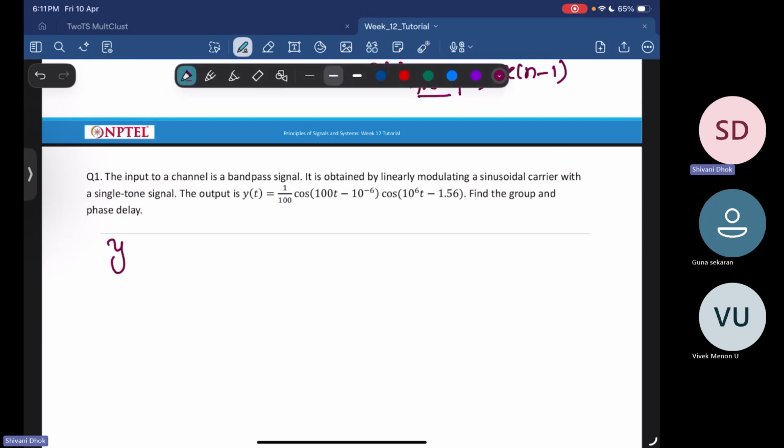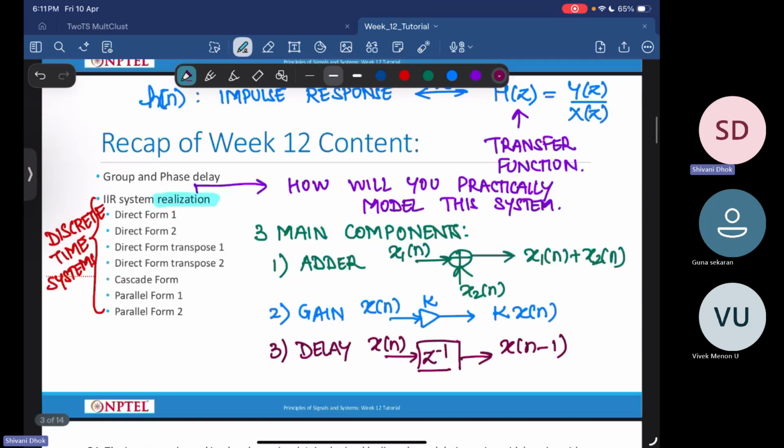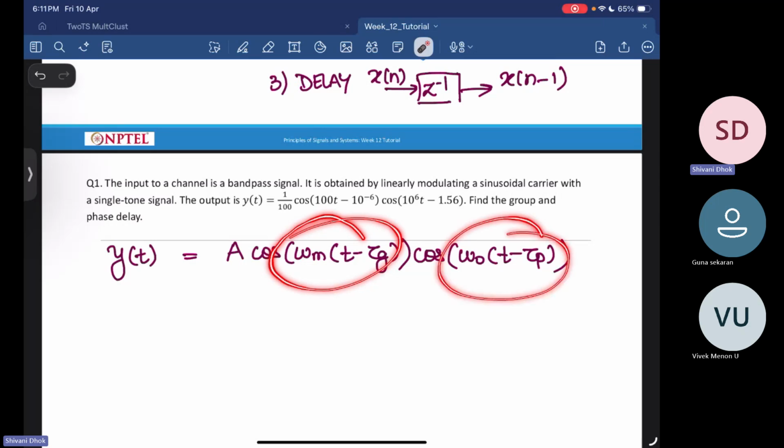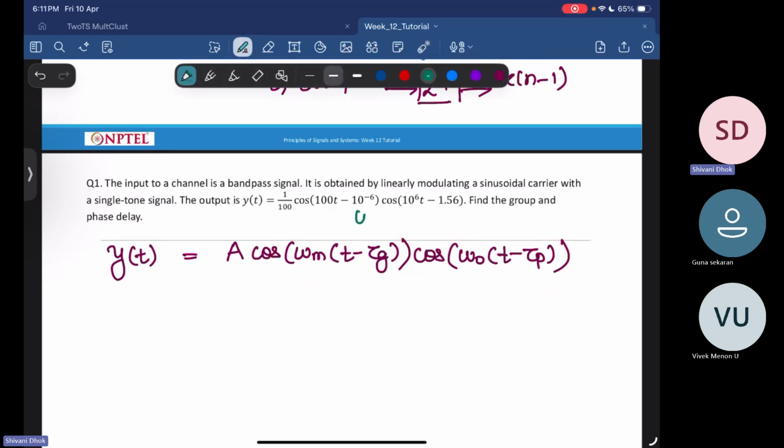So when we say that y of t is some a cos of omega m into t minus tau g, into cos of omega naught into t minus tau p, this is your message part, and this is your carrier part, and your omega m is much less than your omega naught.